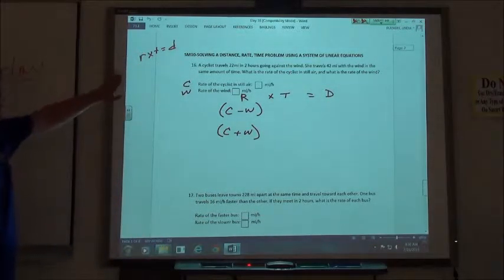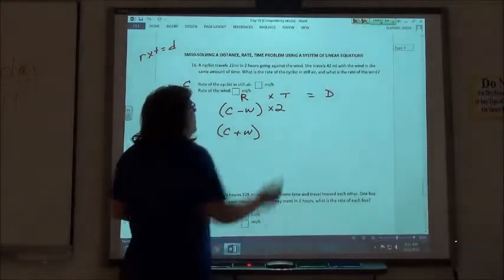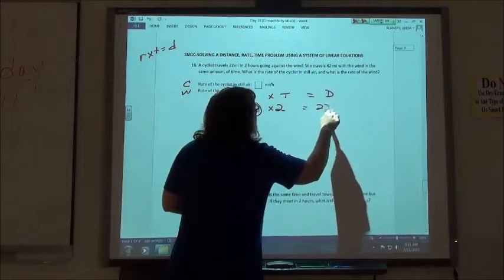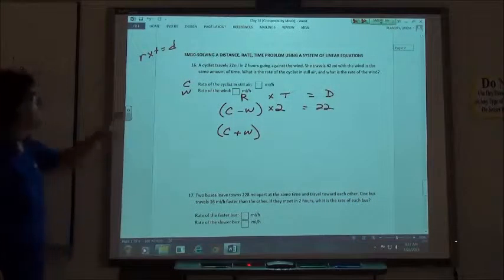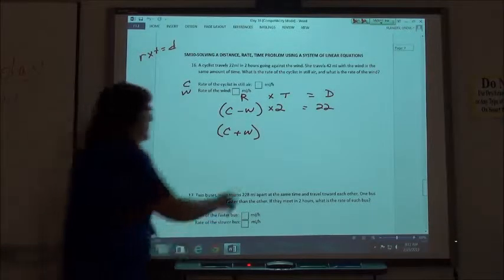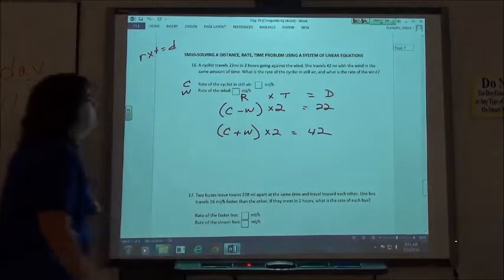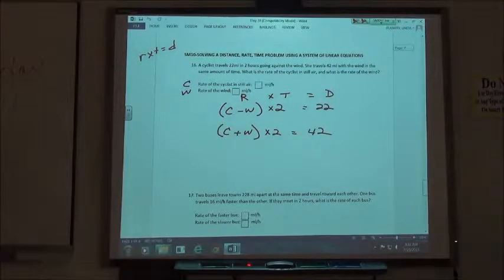The cyclist travels 22 miles in 2 hours going against the wind. So my time here, 2 hours. My distance, 22. She travels 42 miles with the wind in the same amount of time. So still 2 hours, but this time I went further. I went 42 miles.